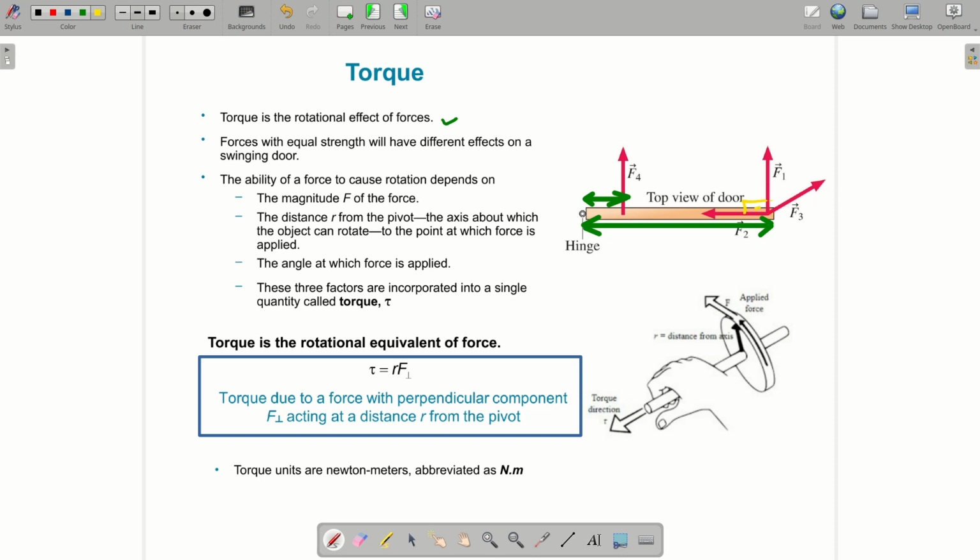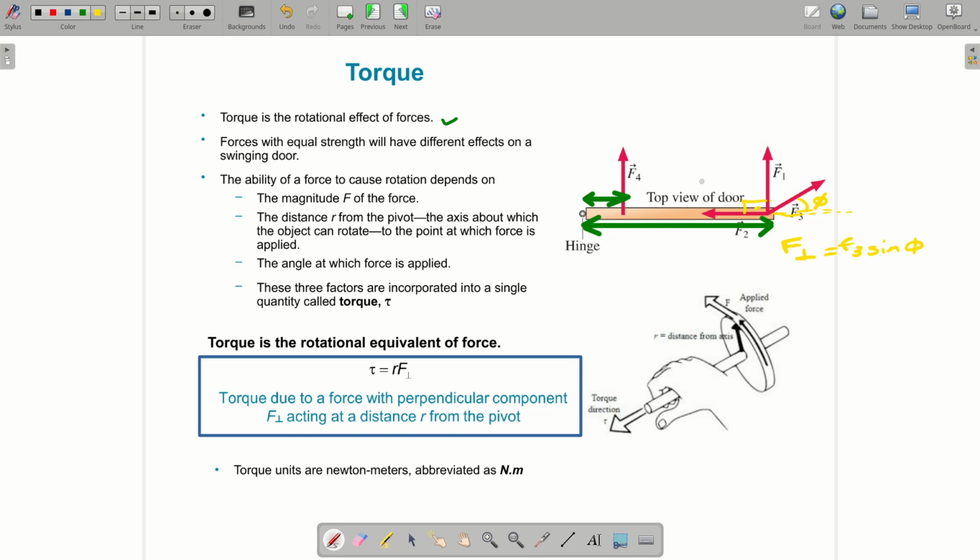But if I have F3, for example, I define an angle. It's defined as phi. This is a Greek letter in the book, so I'm going to stick with phi, but it's an angle, I can give it any name. And F perpendicular will be F3 times sine phi here.